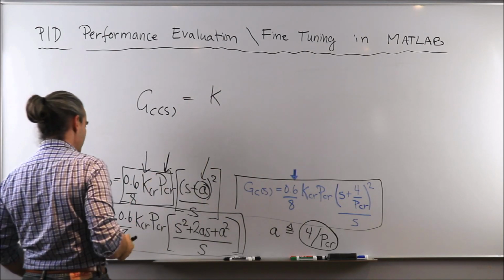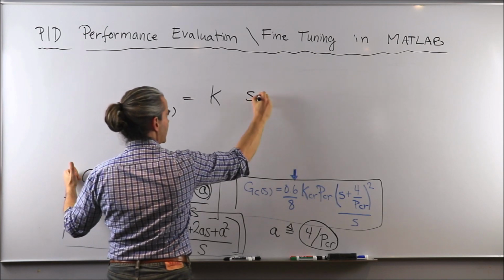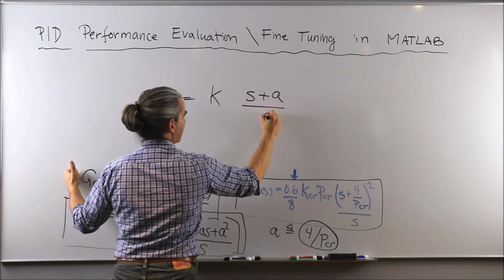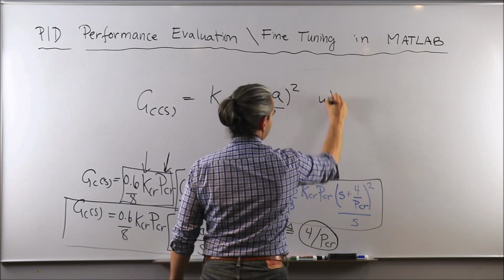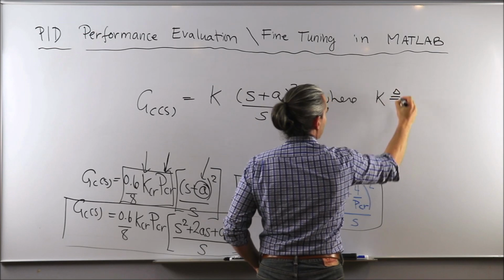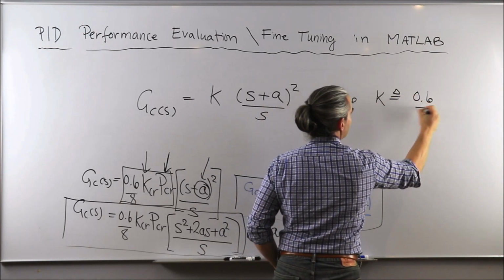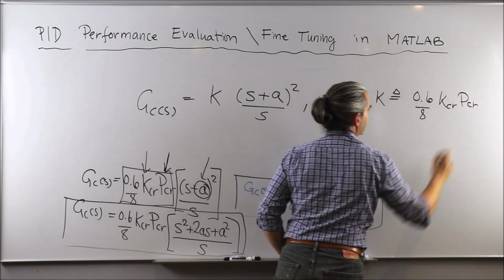So we're going to come back to this original transfer function and simply rewrite it in this form, where our K was set to be equal to 0.6 over 8 to KCR PCR.